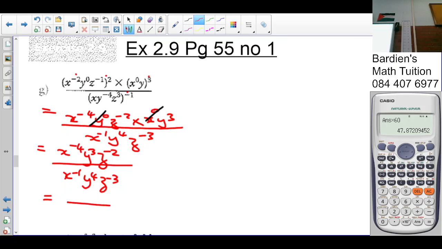So that would be negative 1 minus negative 4 becomes 3. Where's there more y's? Bottom. So it's y, 4 minus 3, which is 1. Don't need the 1 there. Where's there more z's? On top. Bring that up. It becomes z, negative 2 minus negative 3 becomes 1. That's your answer.